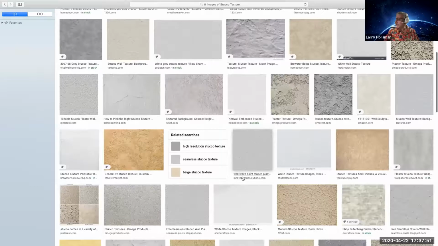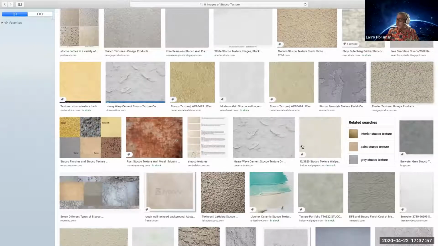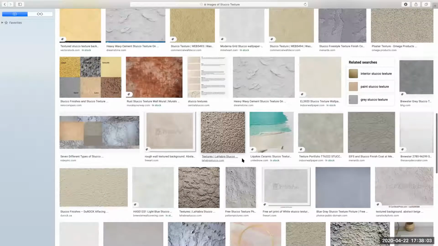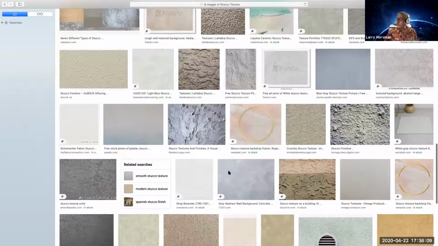Probably a smooth sanded coat, like this plaster texture, or a skip trowel are the ones that tend to be most common. Some of these actually have names. I was looking for the swirly ones where they do the circles.